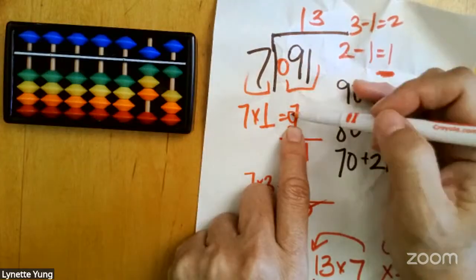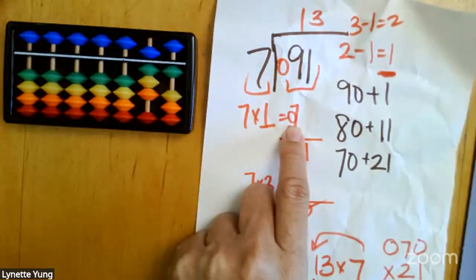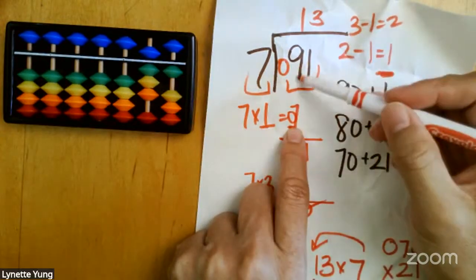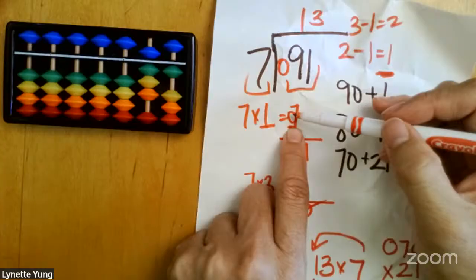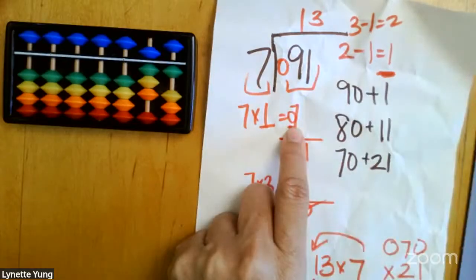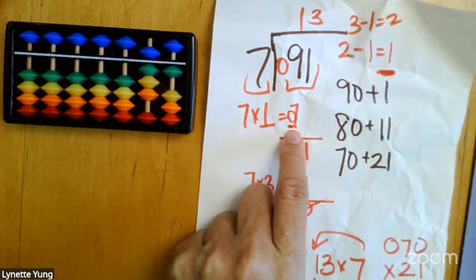So that's why I do 0. If I cannot divide it, then I don't need to put the 0. Because it would have been too big. It's either too big or too small. My dividend would be too big.